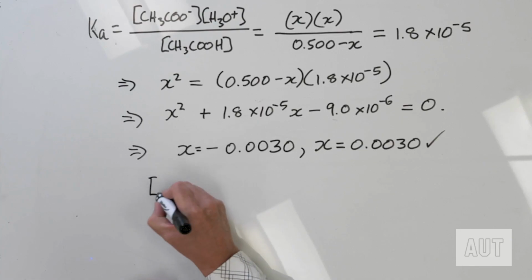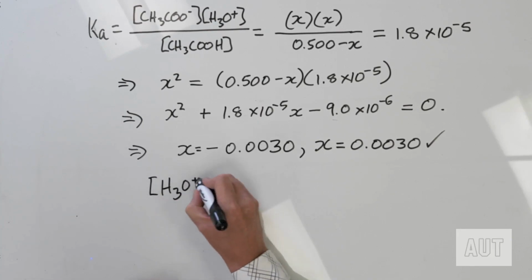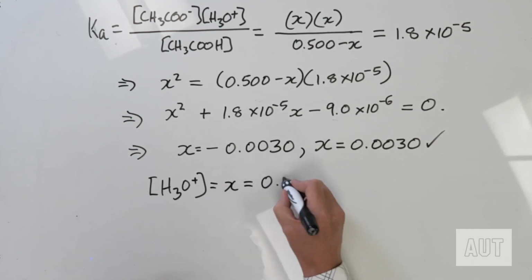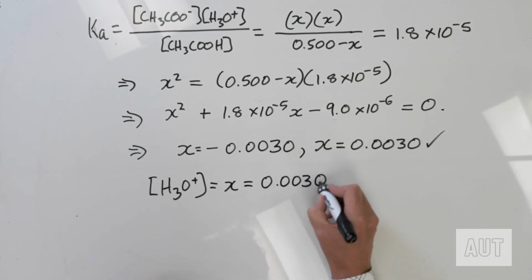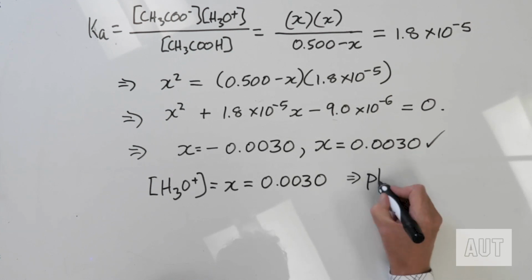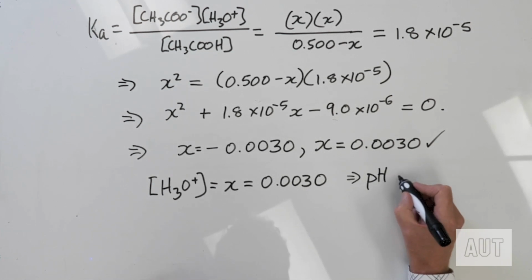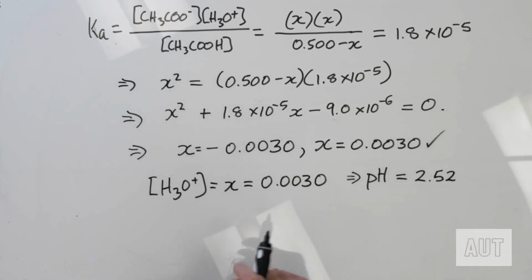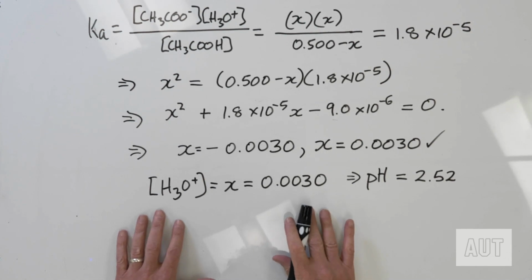So the H₃O⁺ concentration is equal to x, which is 0.0030. Then for the pH, we take the negative log of that, and the pH comes out at 2.52.